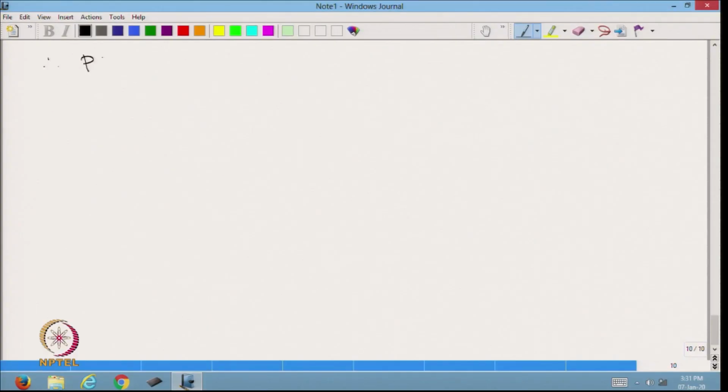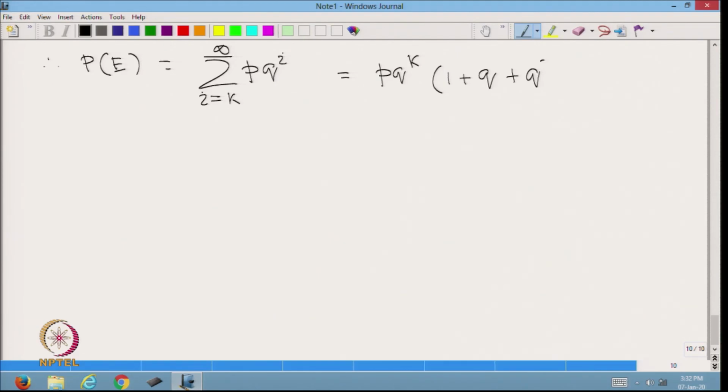Therefore, probability of E is equal to the sum for i from k to infinity of p q to the power i, which is p q to the power k into 1 plus q plus q square up to infinity, equal to p q to the power k.